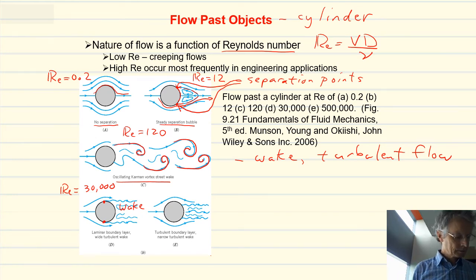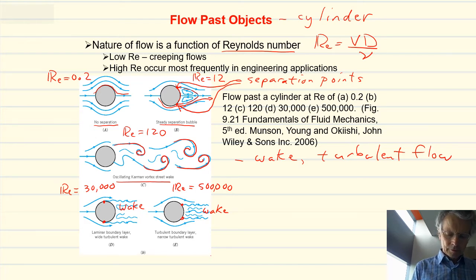It just depends. Typically, if you want to achieve a high Reynolds number like that, the flow would typically be turbulent there as well. If we increase the Reynolds number up to 500,000, the separation points move to the rear of the cylinder, and we still have this turbulent wake here.